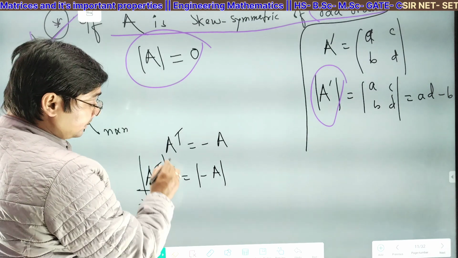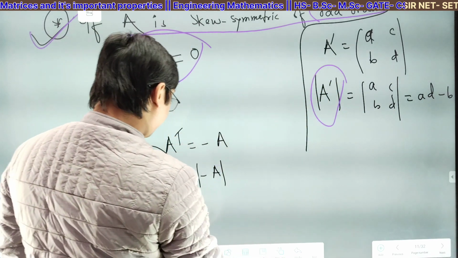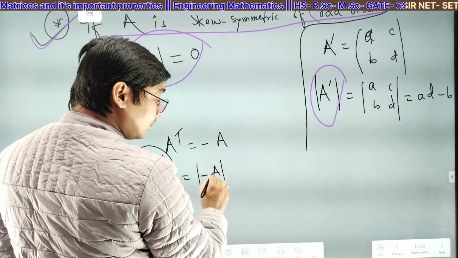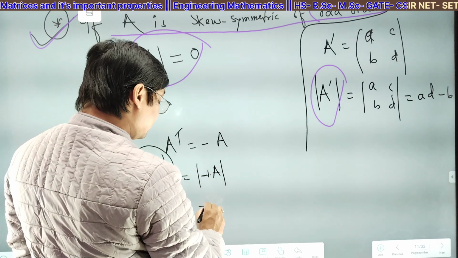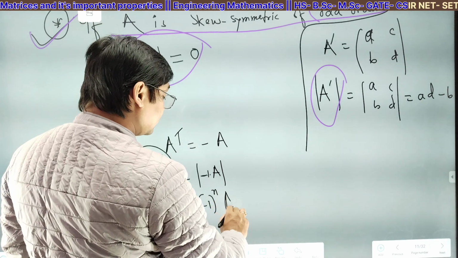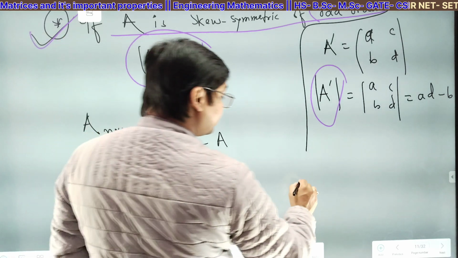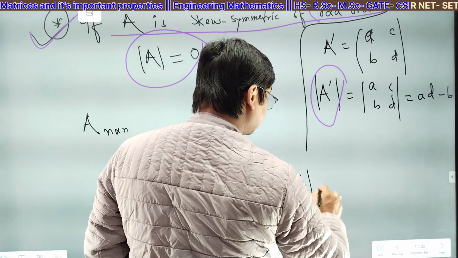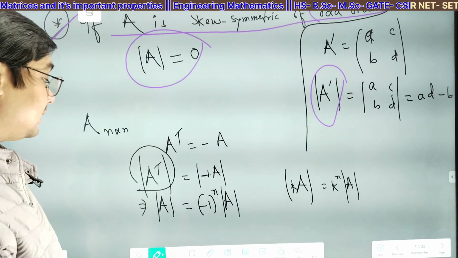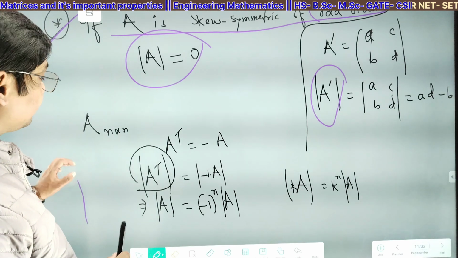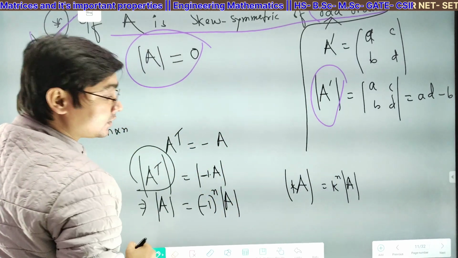The determinant of A transpose is the determinant of A, as we already got. And here minus A means minus 1 into A. So this will be minus 1 to the power n times the determinant of A, according to the previous property that the determinant of kA is k to the power n times the determinant of A. Now in our case n is odd.